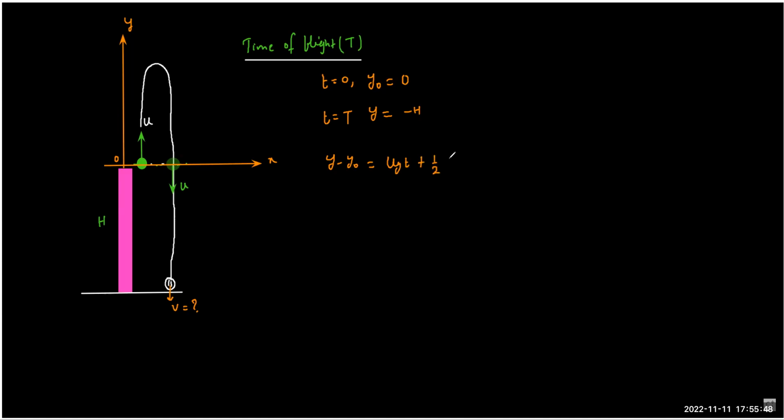Plus half a_y t square. So when small t we replace by capital T, then we can substitute the corresponding values. By the way, what is a_y here? Minus g. Very good.